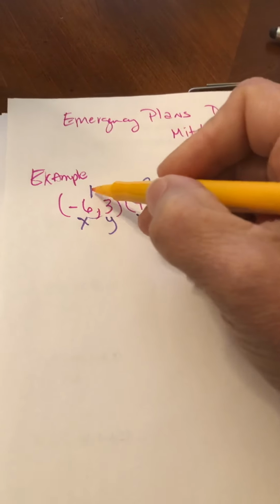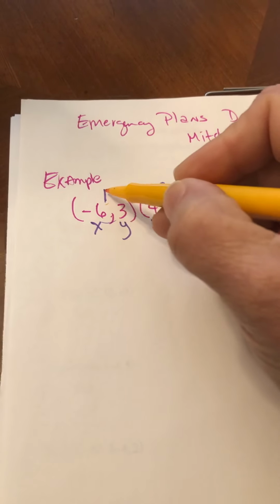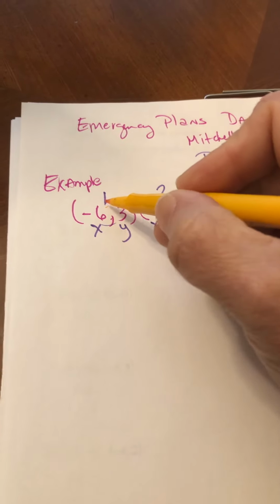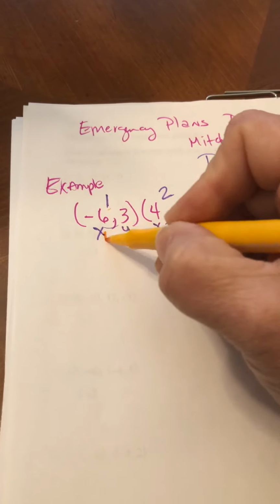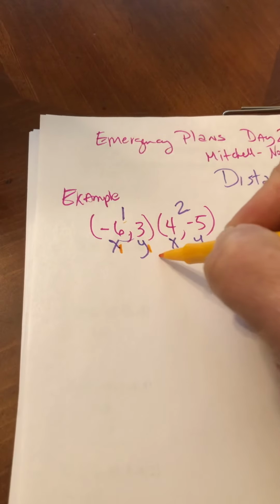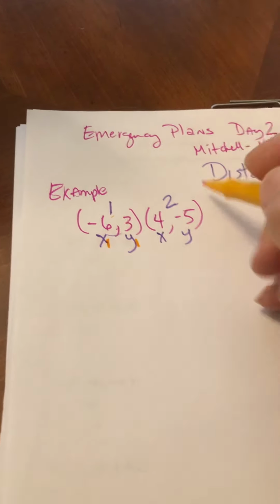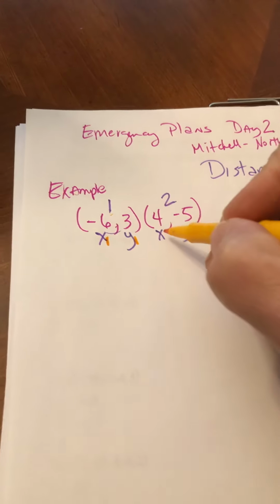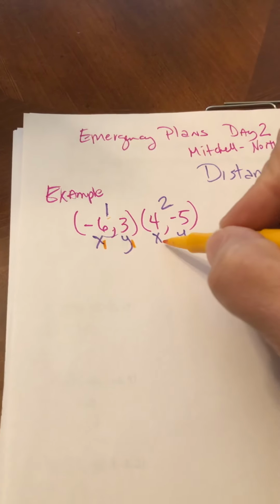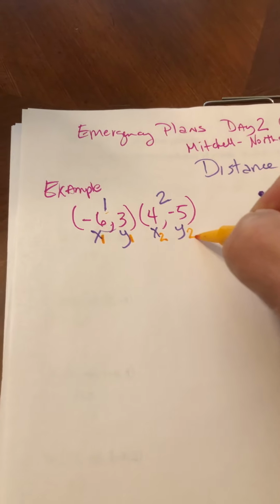So now we're going to give this last name, the name of this point, which I named 1, to both the X and the Y. So this is X sub 1 and Y sub 1. Sub means little, the little number. Here we have a 2, so we're going to give this last name of 2 to each of these: X sub 2 and Y sub 2.